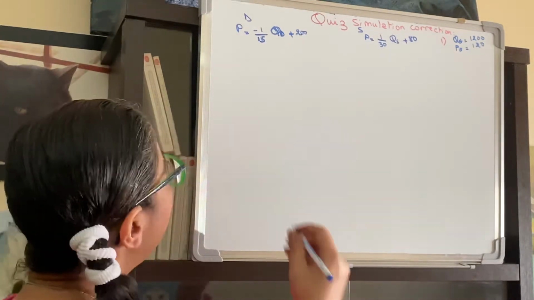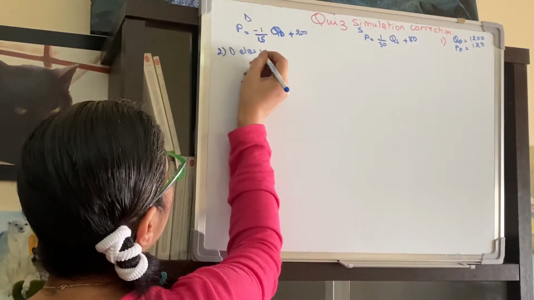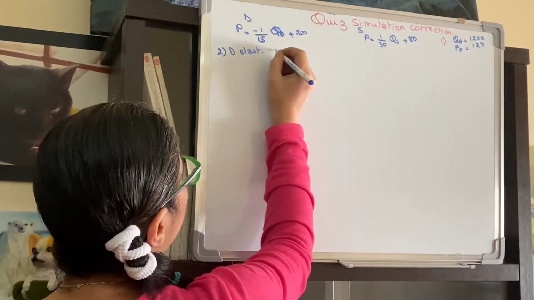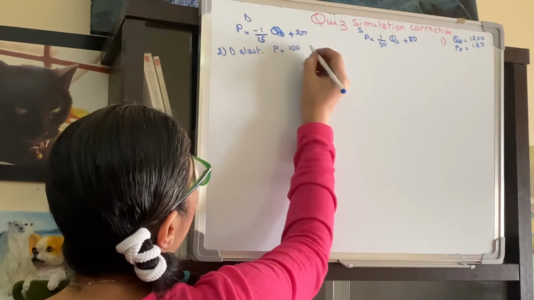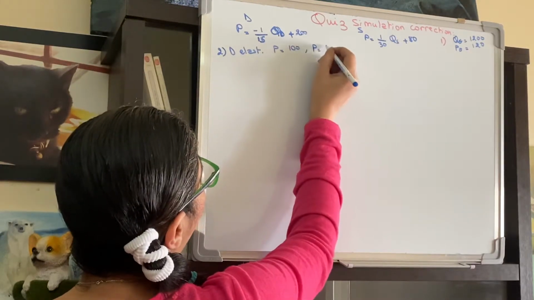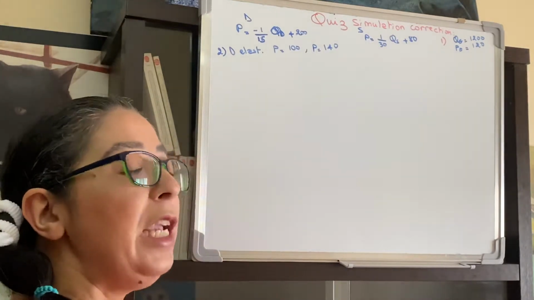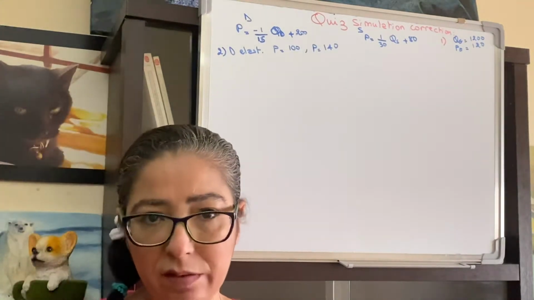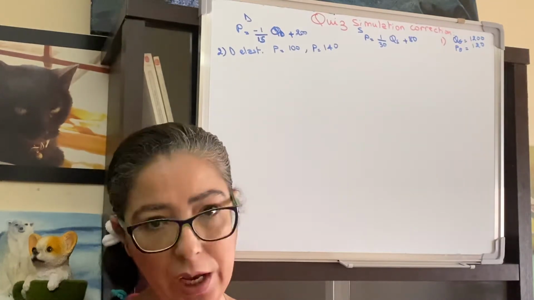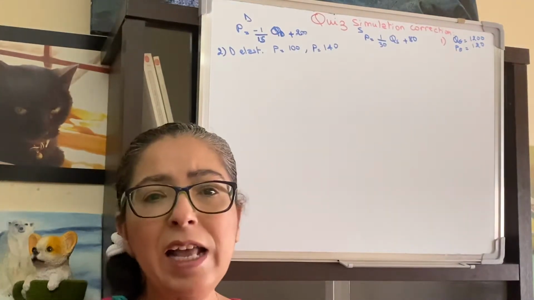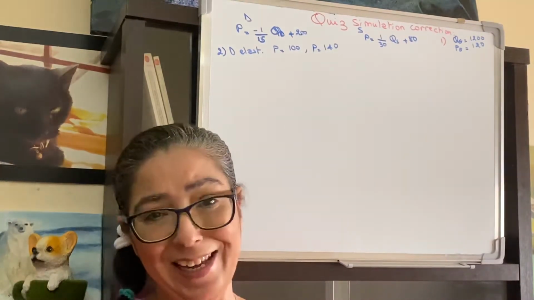Question 2, demand elasticity between price 100 and price 140. Okay, in order to find the solution to this question, you first need to know your formula, okay? So you put the formula, then you see what you need. And once you find what you need, you calculate it.